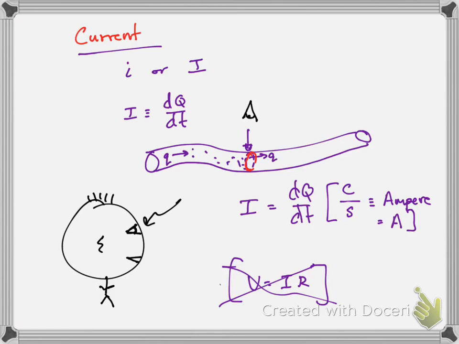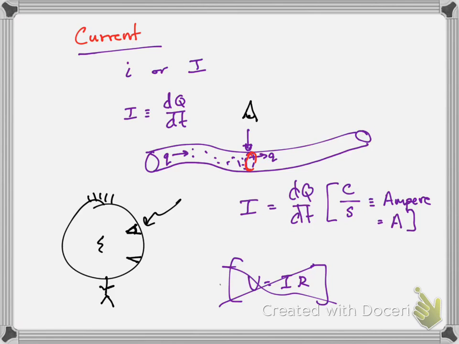So current is what's dangerous, not potential. Potential is only dangerous if it's strong enough to push the current through you. But current, the movement of charges through something, is what actually does the work, what actually does the damage? What actually does the work in an electronic device, which is good, or what actually does the damage when current passes through you? Okay, moving back to the definition of current.